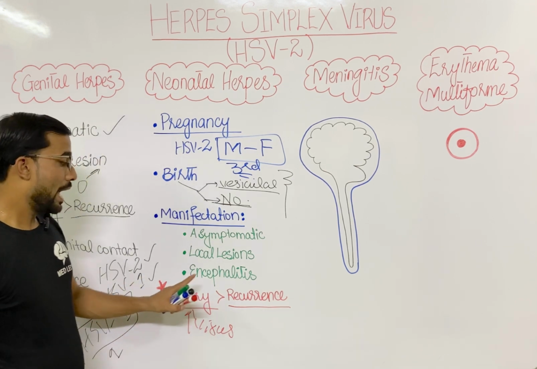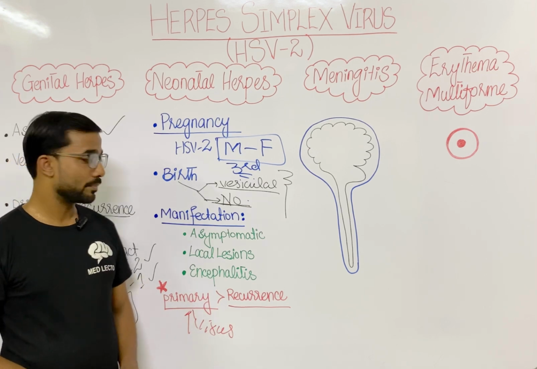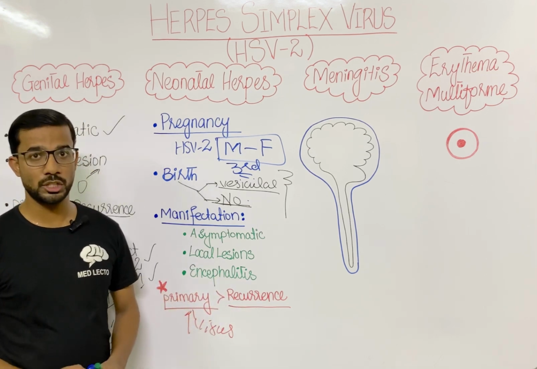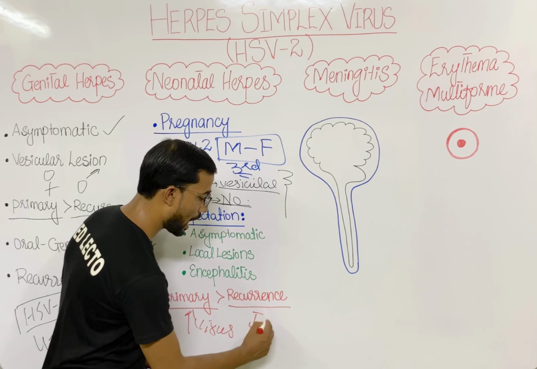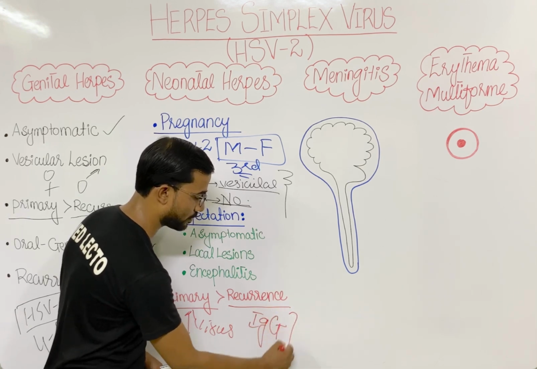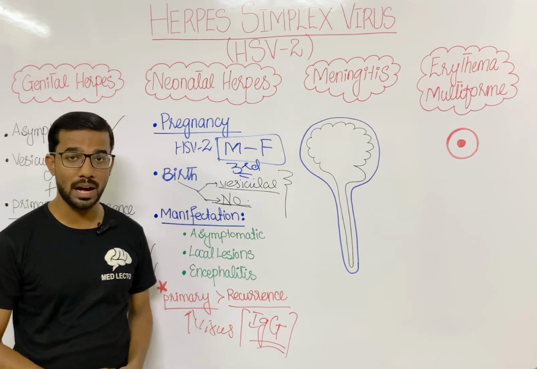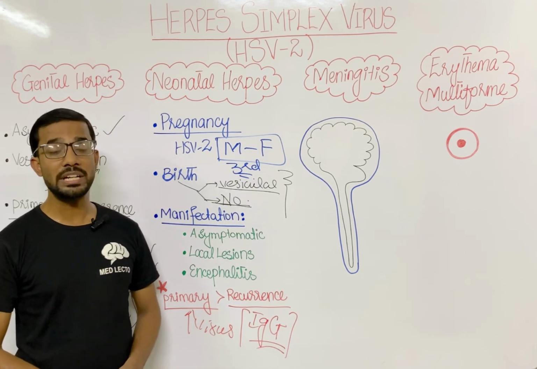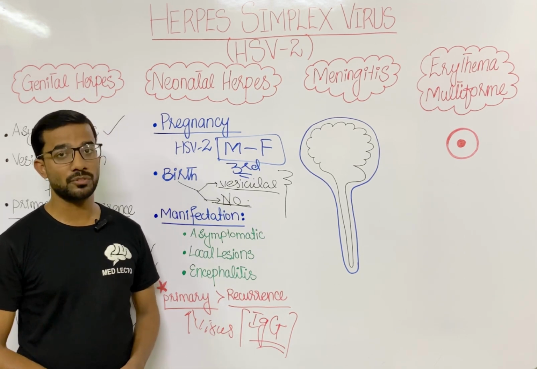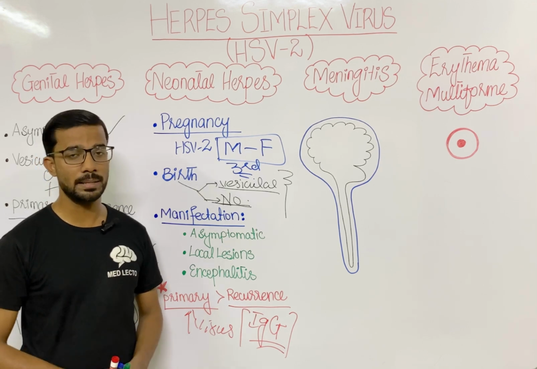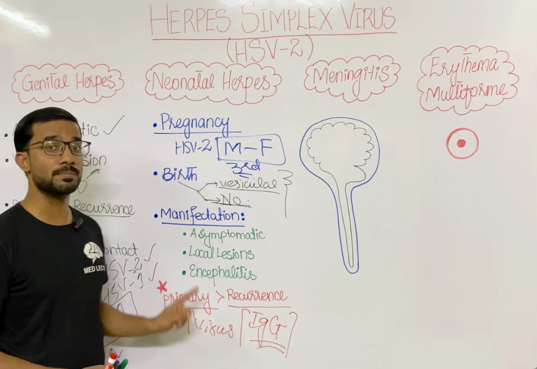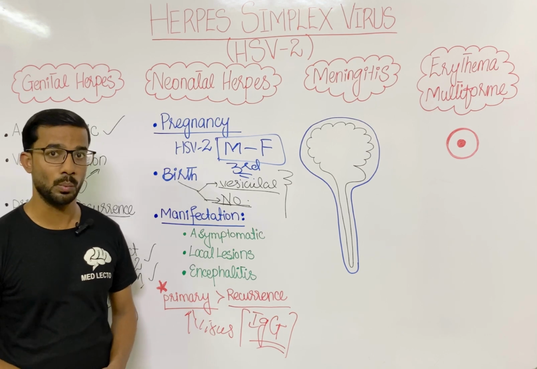Another important thing: in the recurrence stage, you will see production of IgG. IgG can easily cross the placenta and protect the fetus from herpes simplex virus type 2. That is the important thing. It means that primary infection is more dangerous than recurrence.